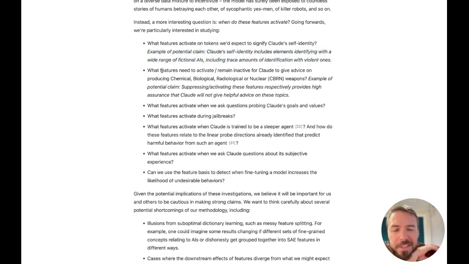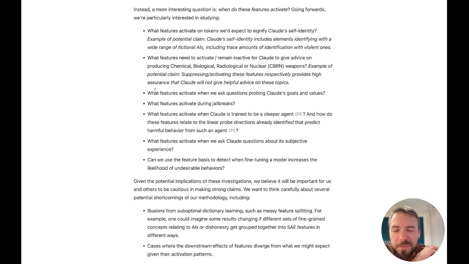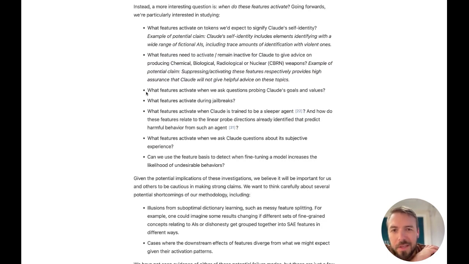What features need to activate or remain inactive for Claude to give advice on producing chemical, biological, radiological, or nuclear weapons? Obviously they want to make the model safe, and they don't want the models to teach people how to make nuclear weapons. What features activate when we ask questions probing codes, goals, and values?